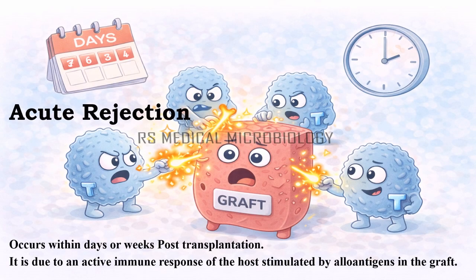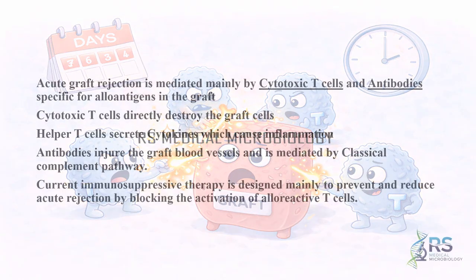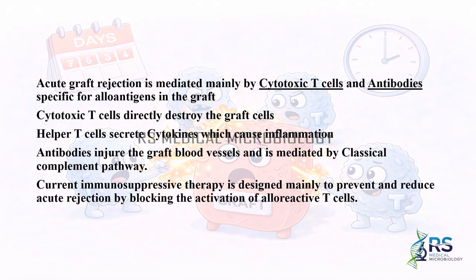Next, we have acute rejection, occurring within days or weeks post transplantation. It is due to an active immune response of the host stimulated by the alloantigens in the graft. Acute rejection is mediated by cytotoxic T cells and antibodies specific for the antigens in the graft tissue. The cytotoxic T cells destroy the graft cells.